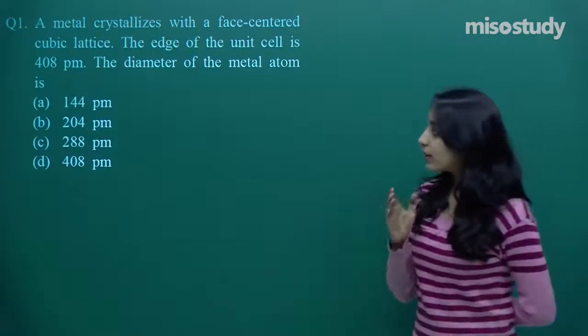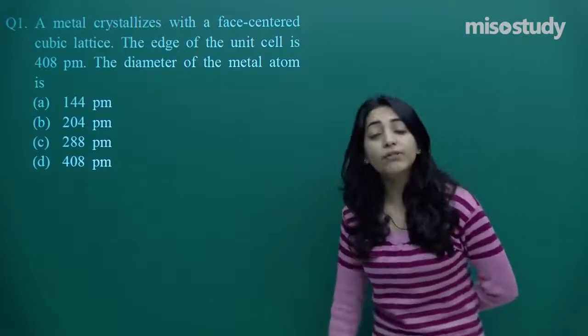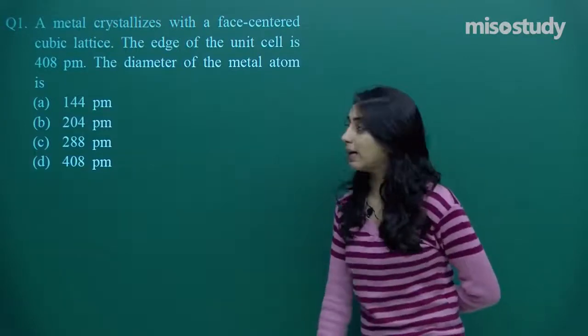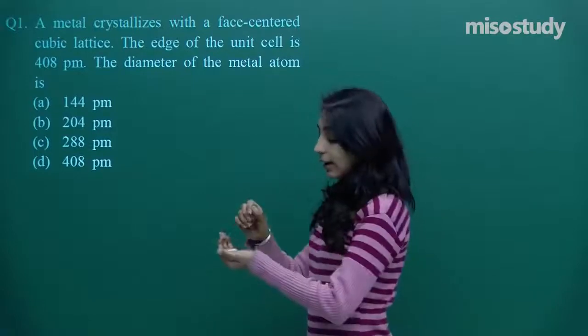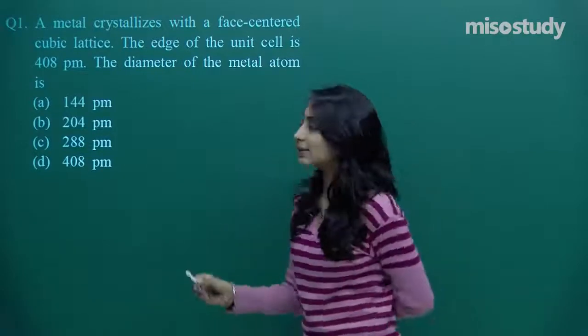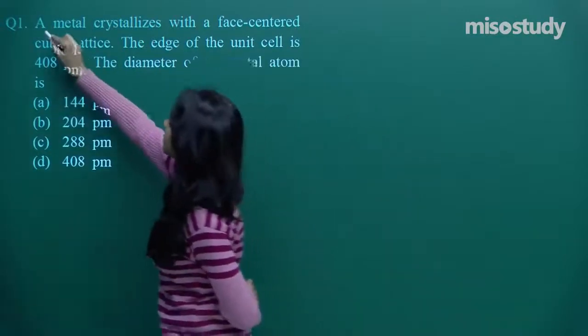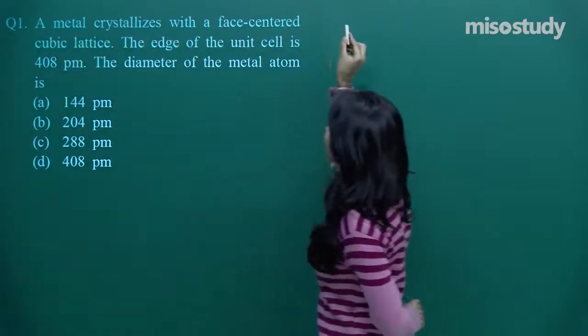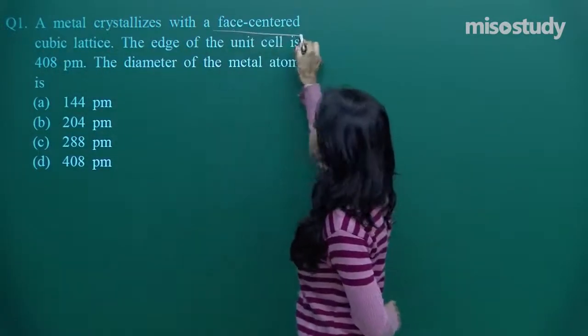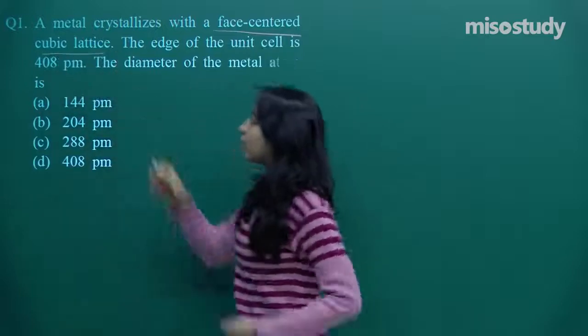Okay, so with this, let me begin with the very first question for today's class. Let's see what the question says. It says that a metal crystallizes with a face-centered cubic unit cell.